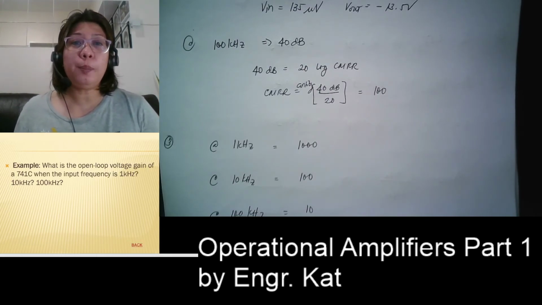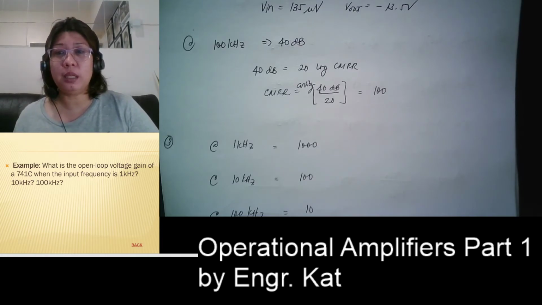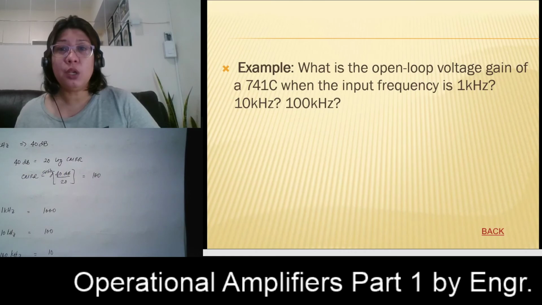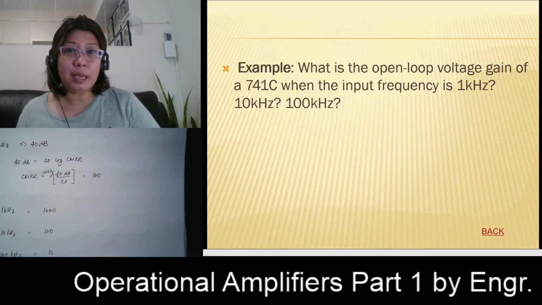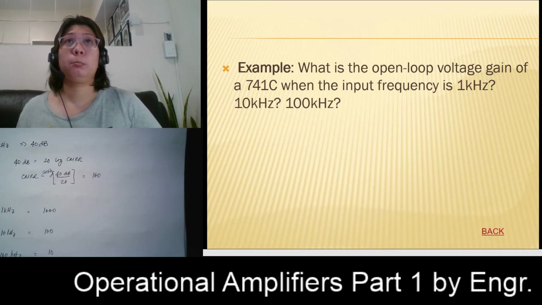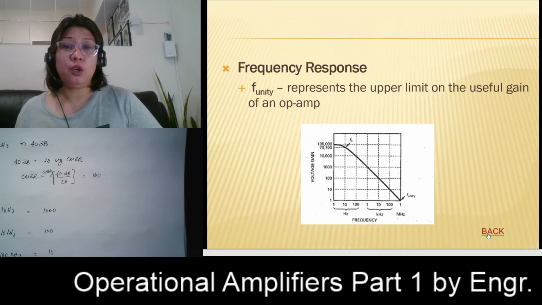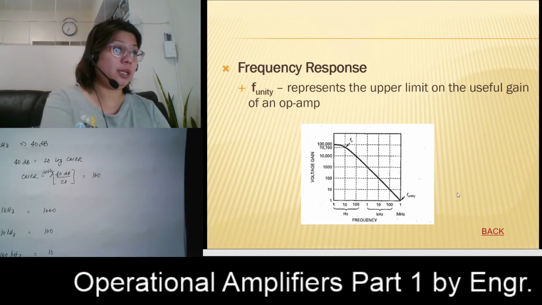What is the open loop voltage gain of a 741C when the input frequency is 1 kilohertz, 10 kilohertz, and 100 kilohertz? Okay, so let us go back again to our figure earlier showing the frequency response.